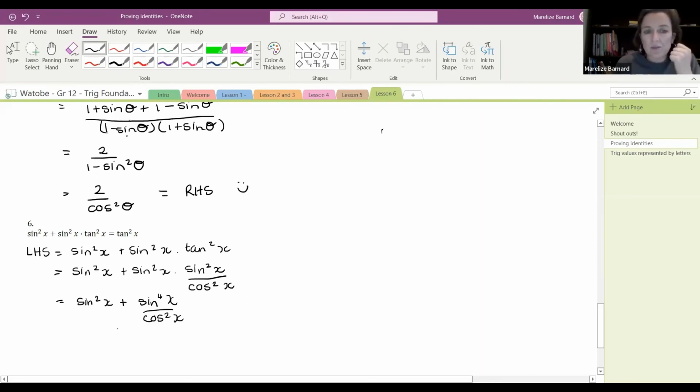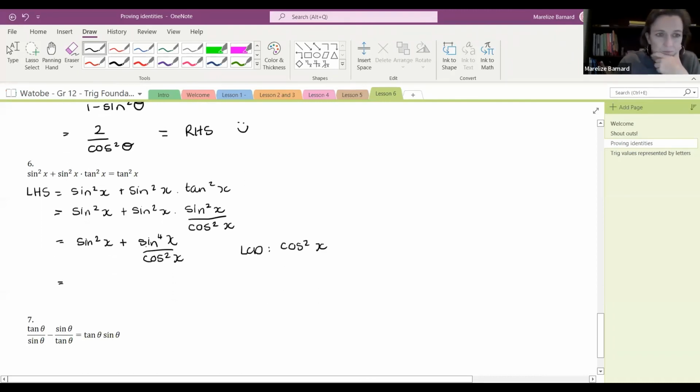Okay, we need to make the denominators the same, which means my LCD is cos squared x. So I'm going to times the sine squared x by cos squared x over cos squared x.